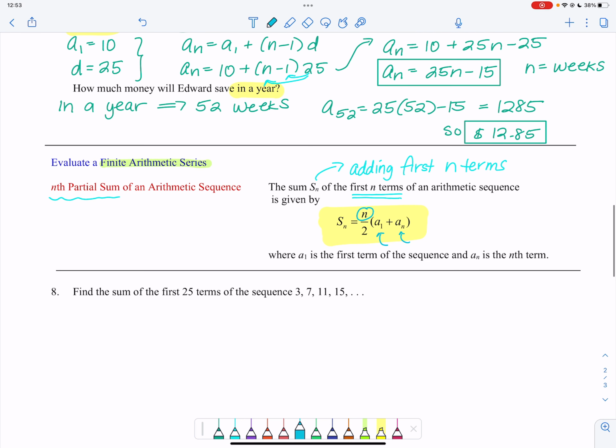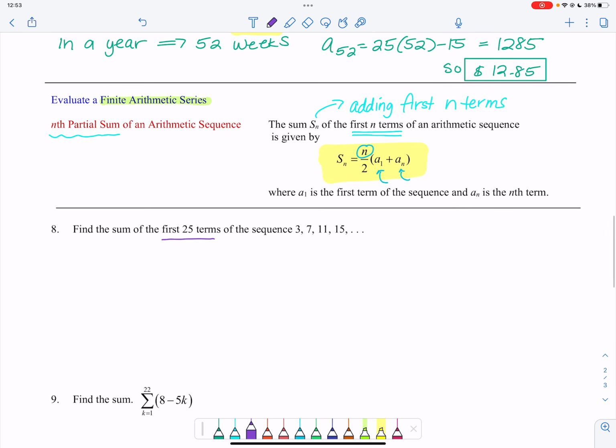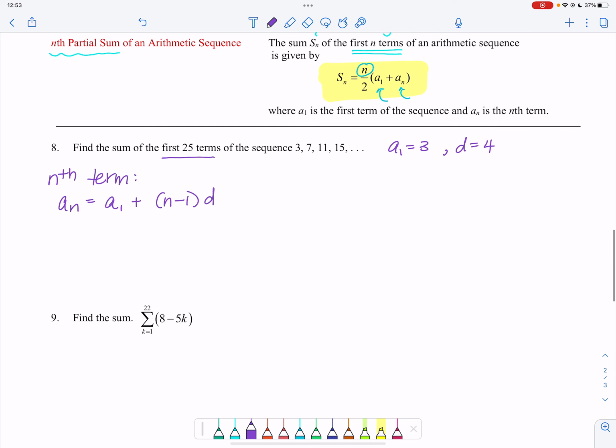Let's try one. Find the sum of the first 25 terms of this given sequence. As you can see, a sub 1 is 3, and d is equal to 4. Let's write our equation down: a sub n is equal to a1 plus n minus 1 times d.